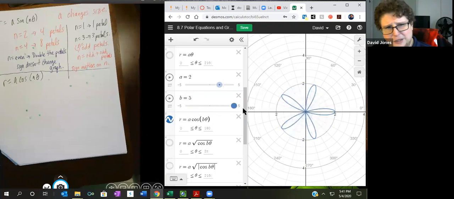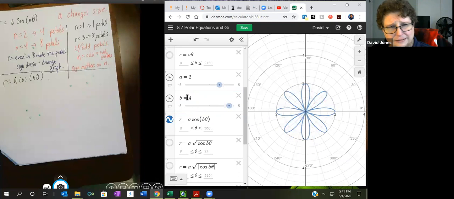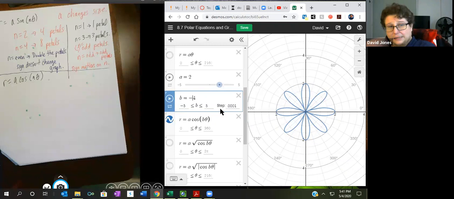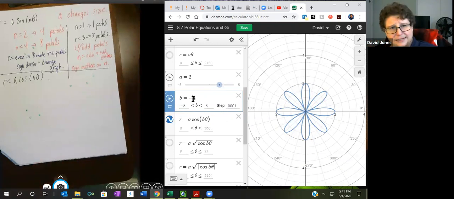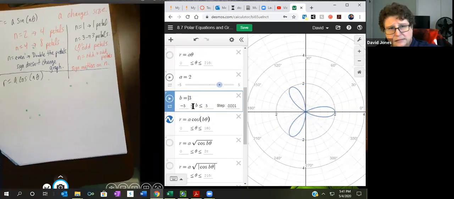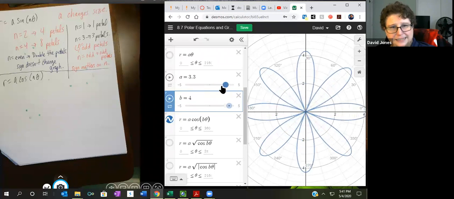Negative 5 versus positive 5, same graph. Let's look at 4 versus negative 4. Doesn't change it. Negative 3 versus 3. And again, A is just setting how big the flower gets.